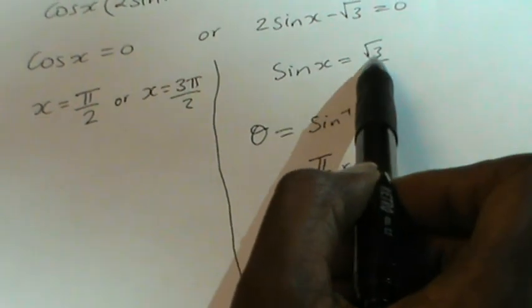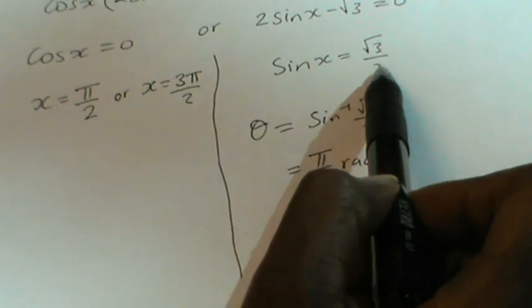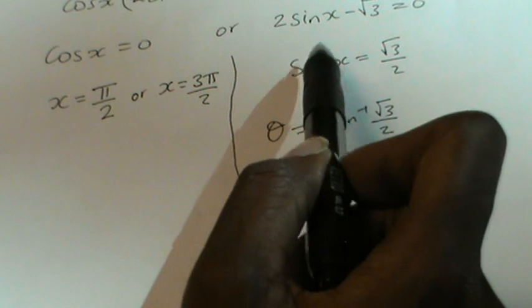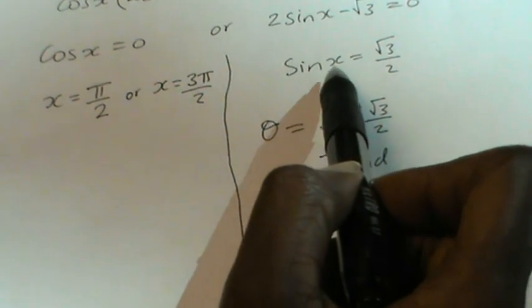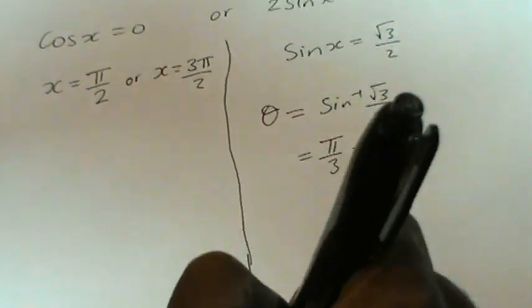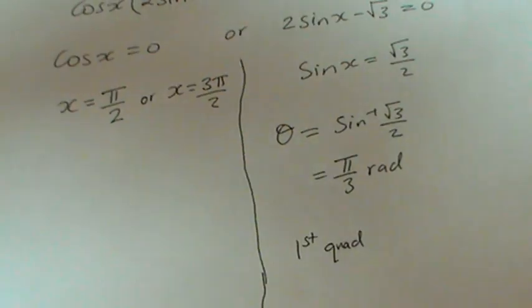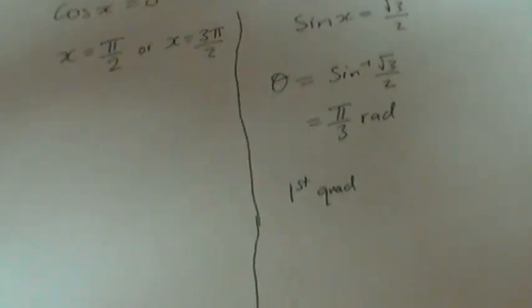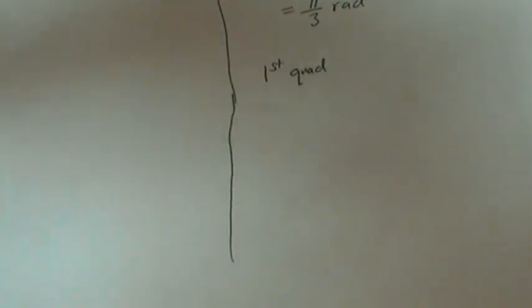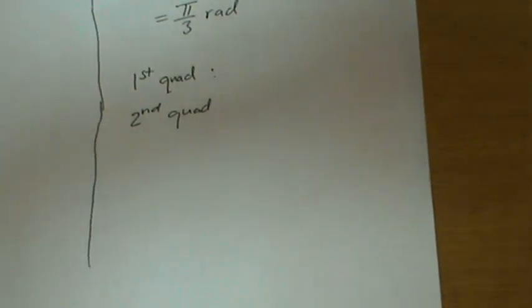Now I look at what I have over here. This is square root of 3 over 2. It is positive, and this is sine. I need to say in what quadrants sine is positive. It will be the first quadrant because all of them are positive in the first quadrant, and in the second quadrant, only sine is positive.